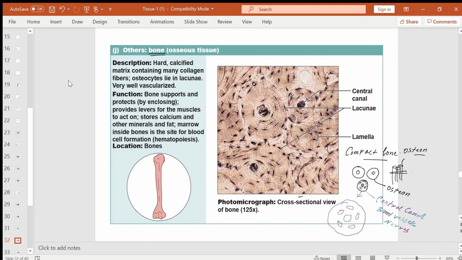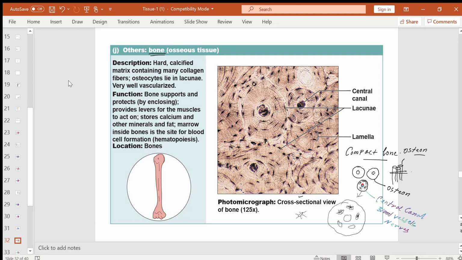Okay, and the osteocyte. Osteocytes have processes like this. So an osteocyte looks like a spider, a tiny insect like this. So the osteocyte is inside the lacunae.